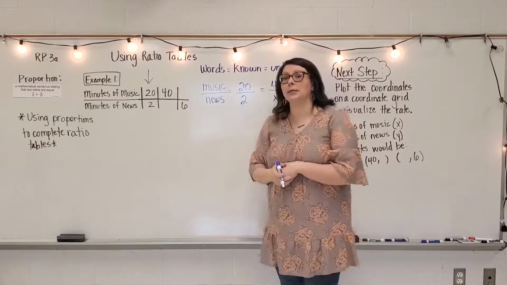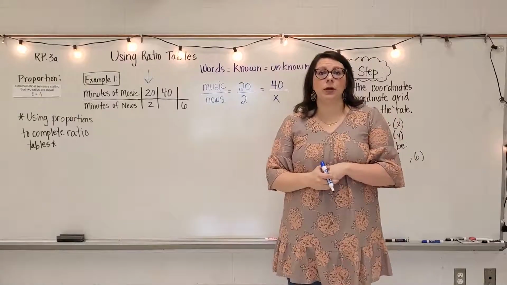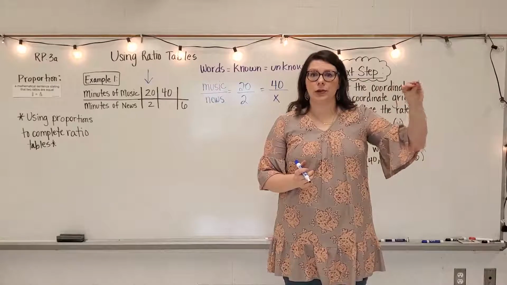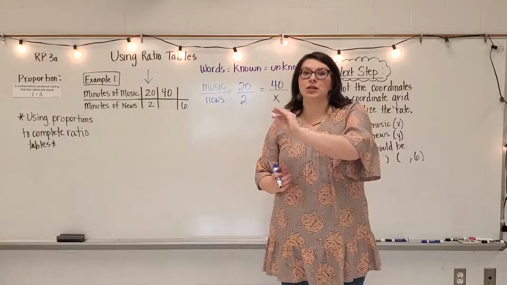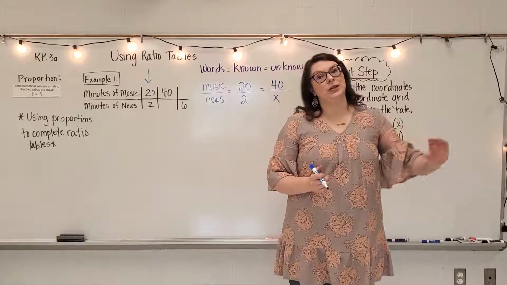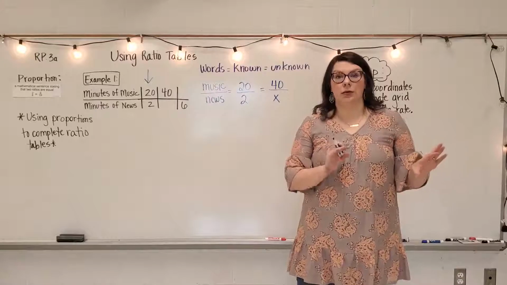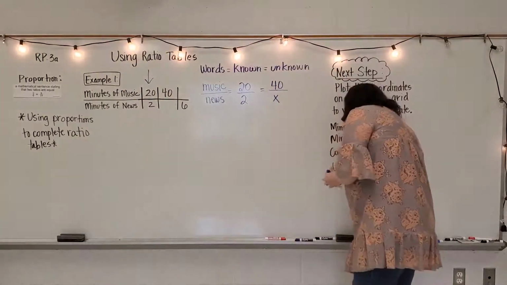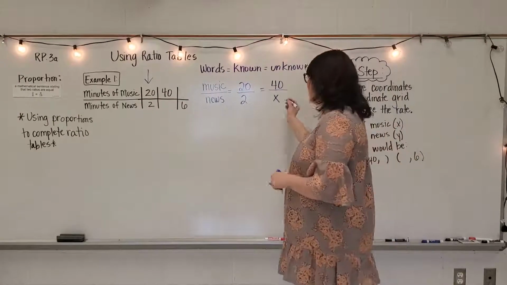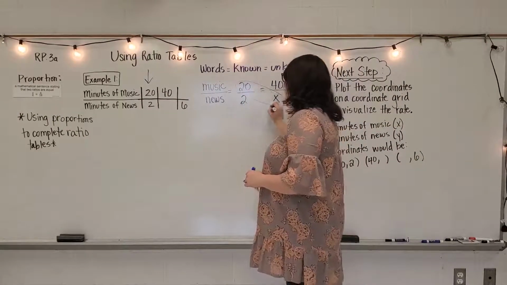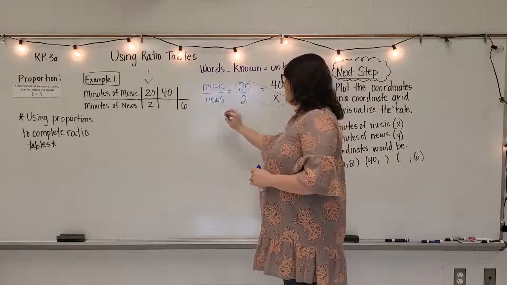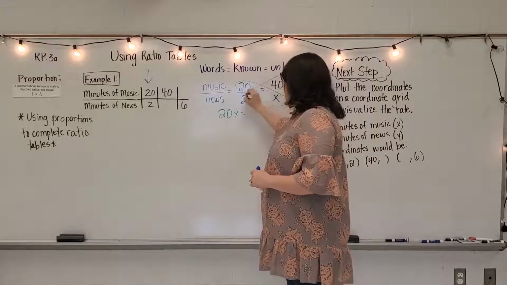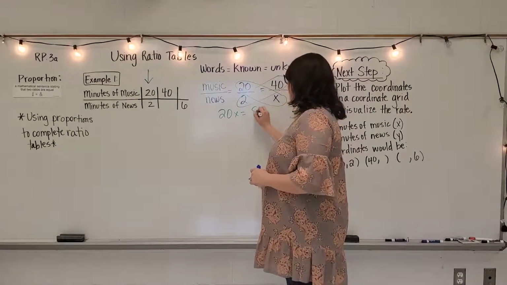Now, if you'll remember about a proportion, whatever we put on the numerator has to be the same all the way through the numerator, and the same unit of measurement on the denominator has to be used throughout the entire problem on the denominator. Once we have our setup, we are going to cross multiply to solve for x. So we have 20 times x is 20x. 40 times 2 is 80.